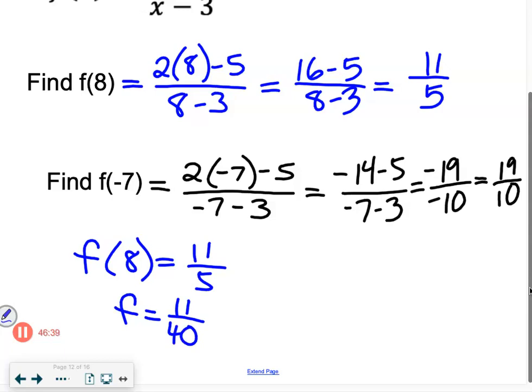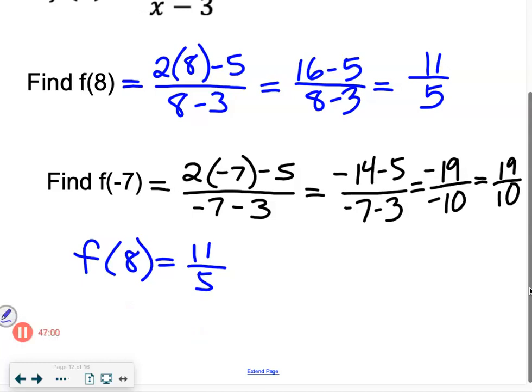You can't divide by this. It's not f times 8. This is f of 8. These two things are married, they're connected. They cannot be broken apart. So it's not f times 8, it's f of 8.